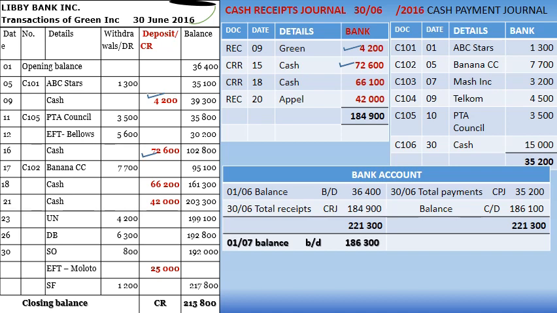The next entry in the cash journal was the entry made on the 20th, and the total deposit was 42,000. On the bank statement, on the 21st of June, a cash deposit was made and the amount was 42,000. Both of the entries are the same, therefore they will be ticked.